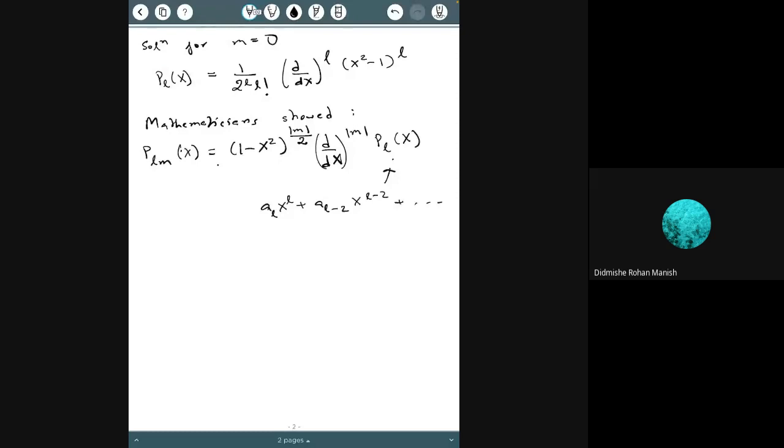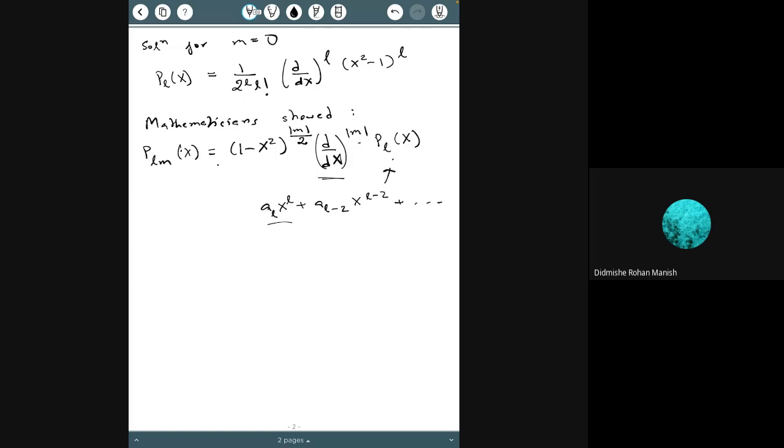I'm just writing the series in reverse order, increasing in power from the maximum power. This had a maximum power of L, which means that since there is a differential operator, it will kill anything that has powers of m greater than L. So if m is greater than L, you get 0 basically.